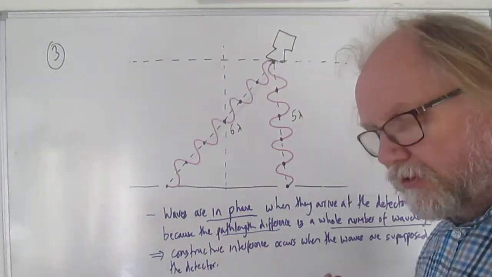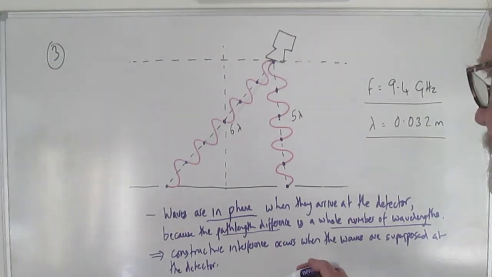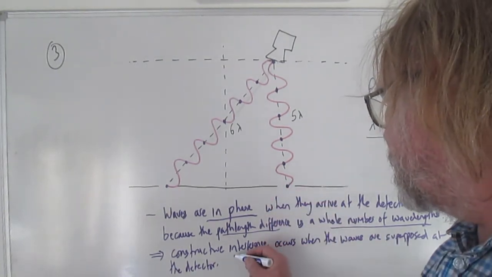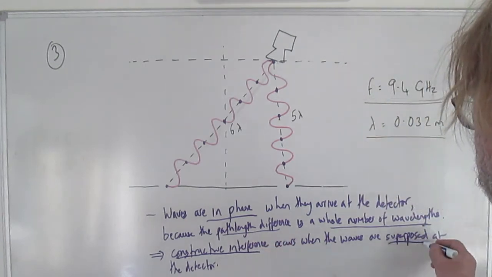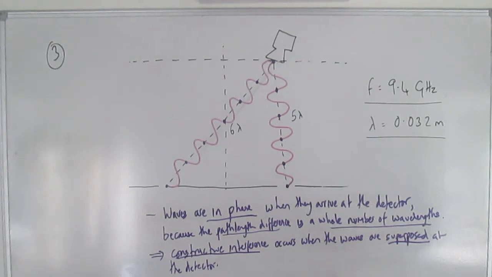Okay, so notice how all the time in these explaining questions you try and use all the key words. So we've used in phase, we've talked about path length difference, we've talked about constructive interference, and we used that word superposed because superposition is necessary in order for interference to occur. So constructive interference occurs when the waves are superposed at the detector.